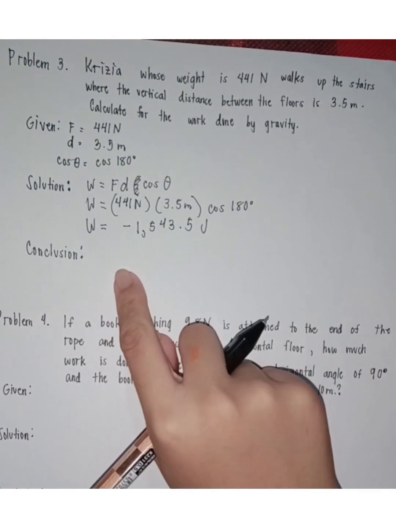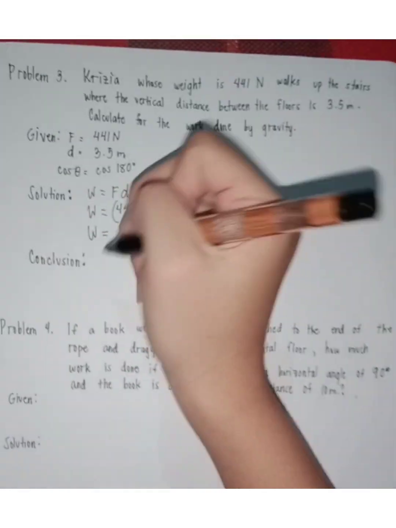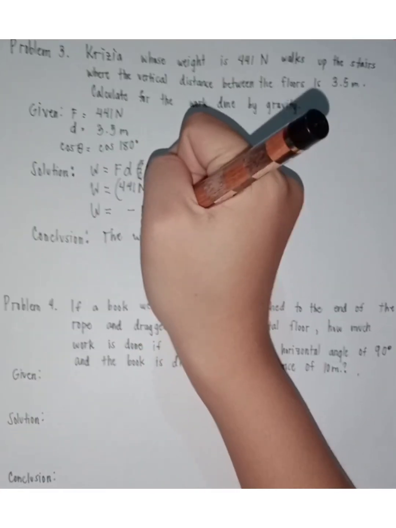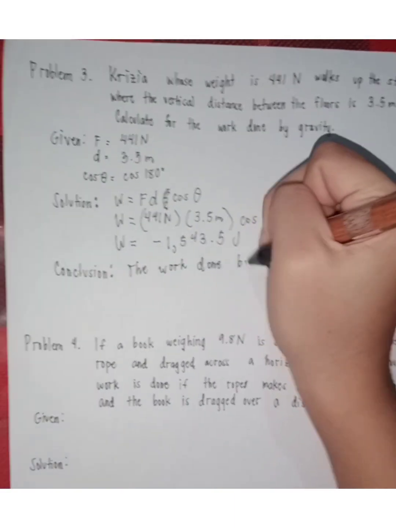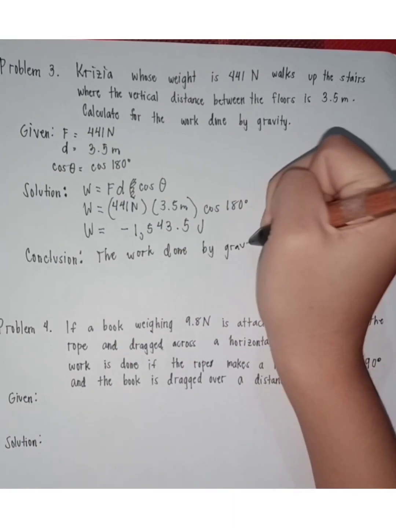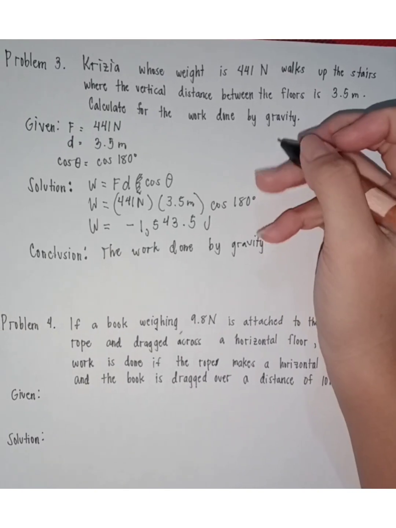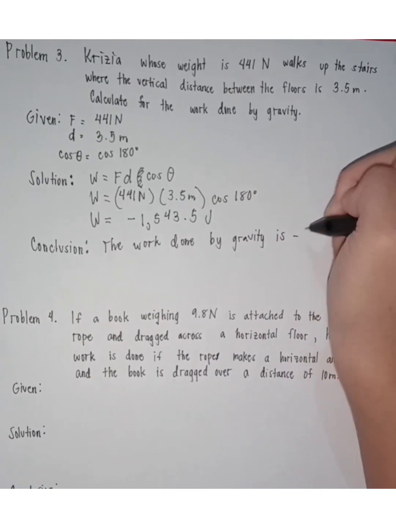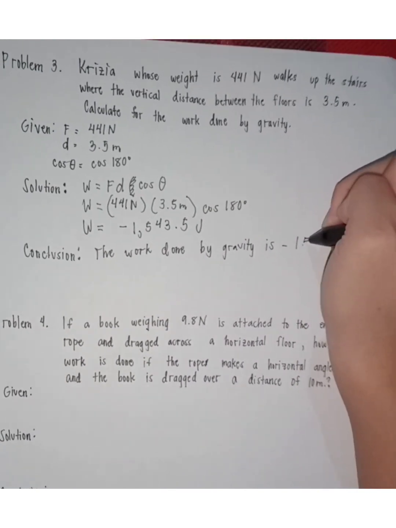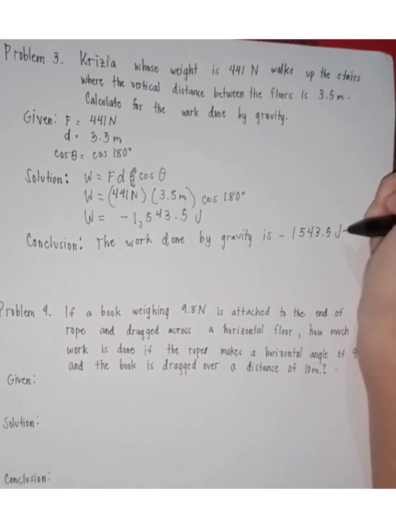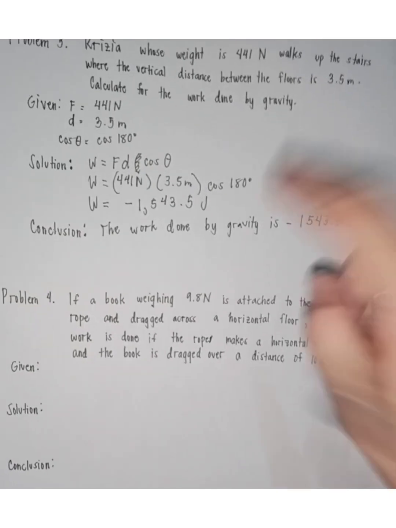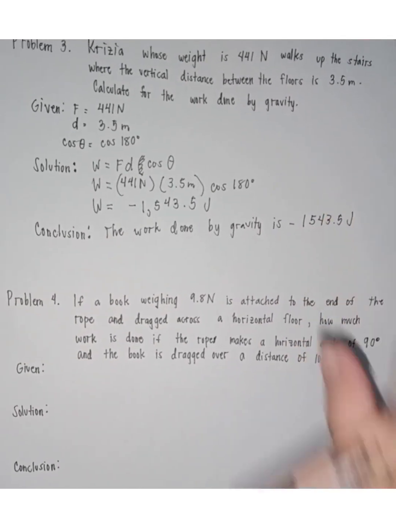So therefore the work done by gravity is negative 1543.5 joules.